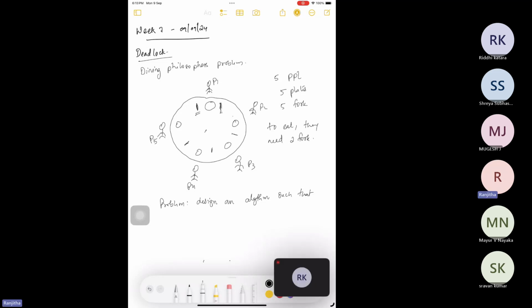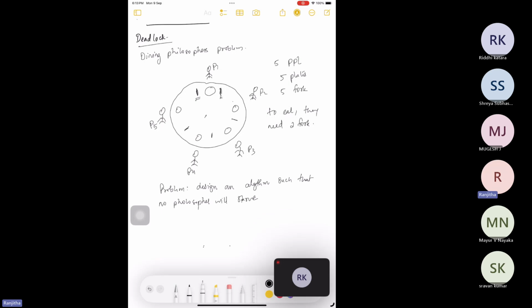Such that no philosopher is hungry or starving. So suppose all of them are thinking, and suddenly all five of them take the left fork in their hand, or maybe the right fork. How will the situation be?